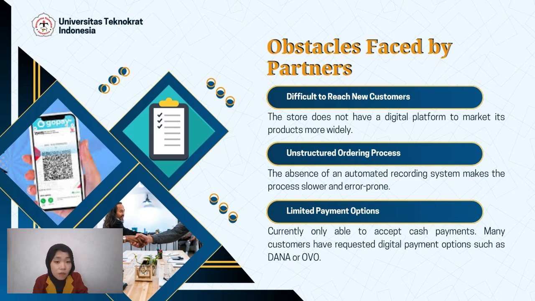The absence of an automated recording system makes the process slower and error-prone. And the third point is limited payment options. Currently, the store is only able to accept cash payments, and many customers have requested digital payment options such as Dana or OVO.